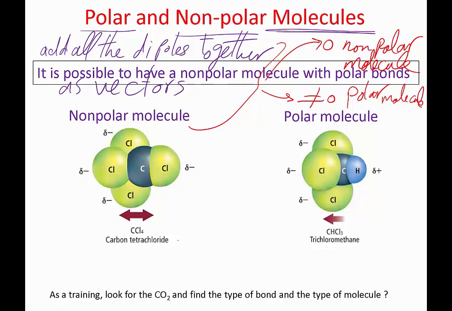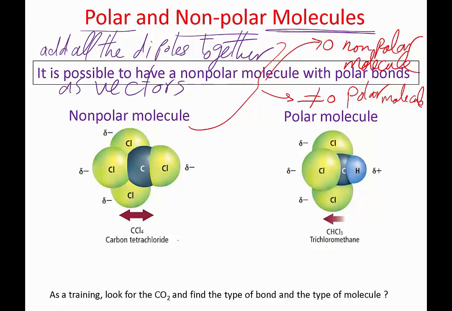We add all the dipoles in the molecule together as vectors. If the result is 0, it's non-polar. If the result is non-zero, it's polar. And also there are some violations. This is a general rule, but there are some violations.